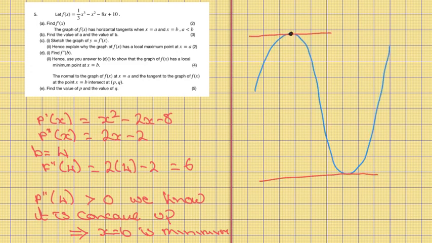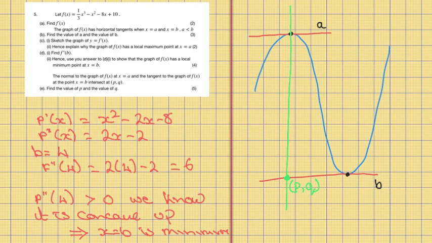Here we have A, here we have B. If I draw in the normal at A, and it crosses with the tangent at B, this is the point PQ.